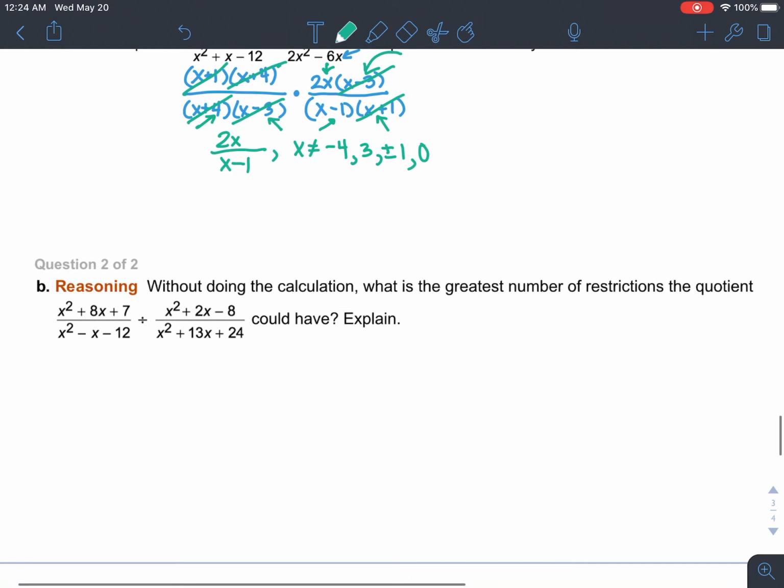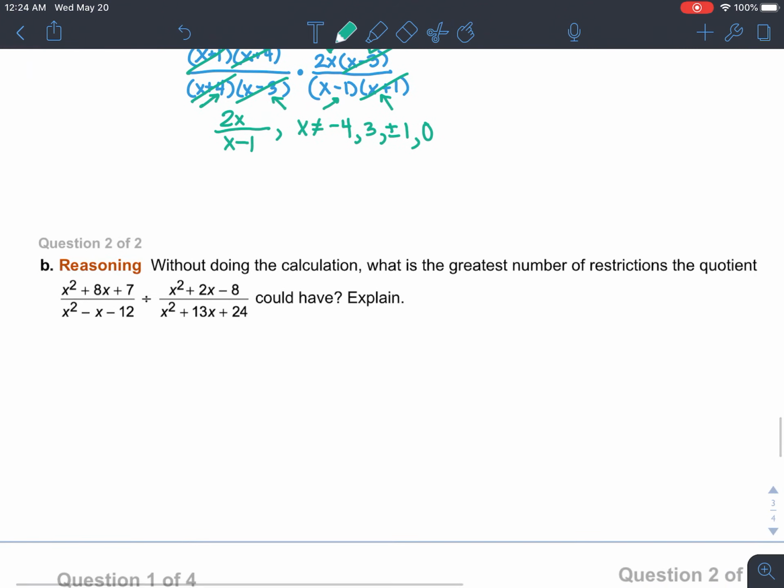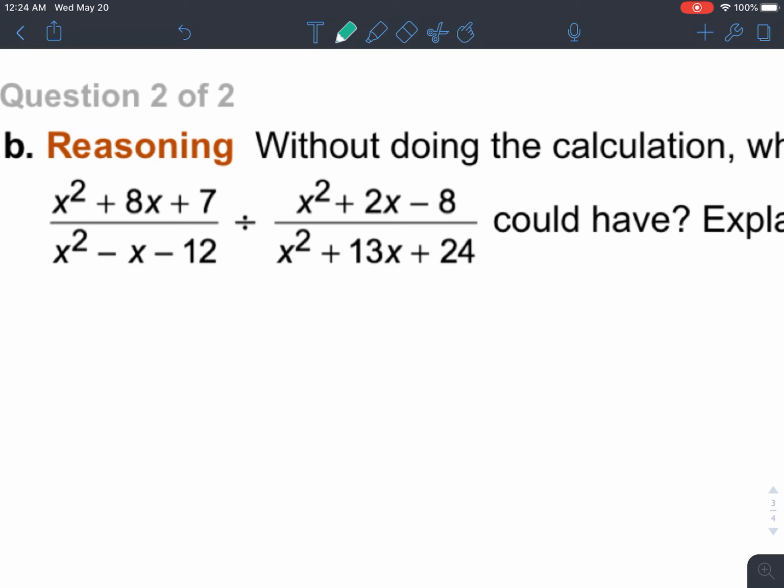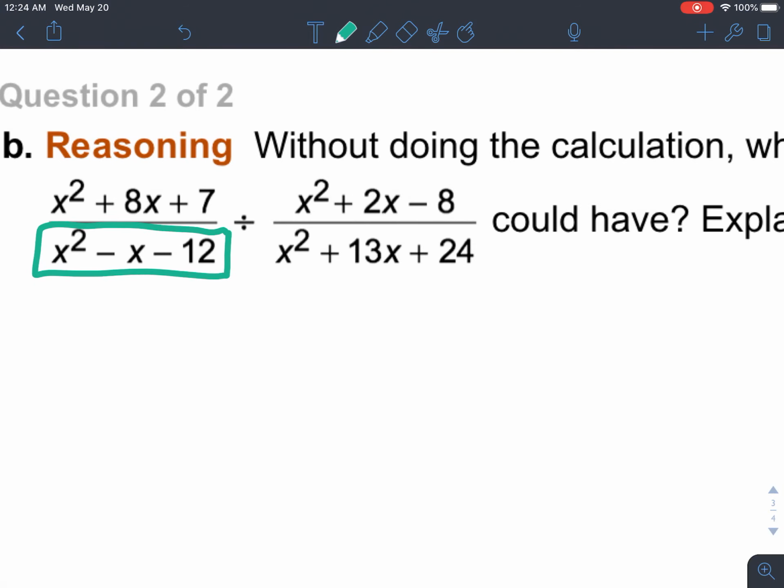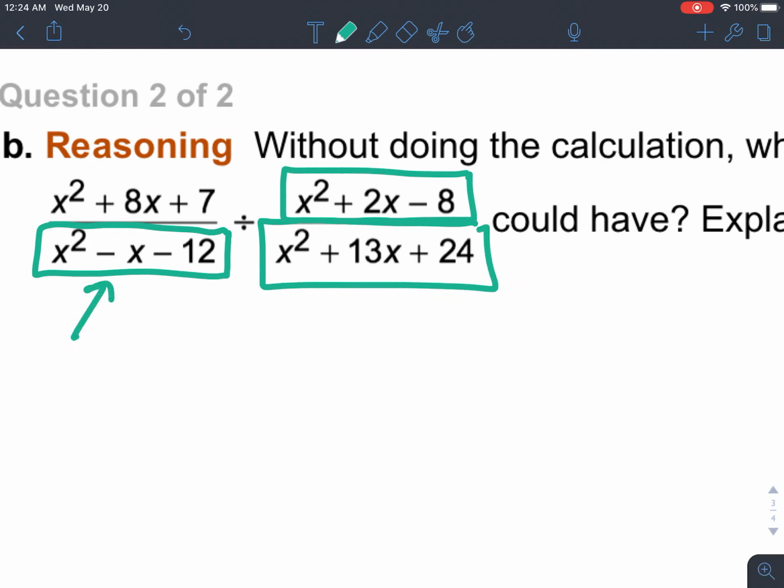Okay, let's look here. Without doing the calculation, what is the greatest number of restrictions the quotient could have? Explain. Okay, well, I need to look at this denominator, and I need to look at this entire fraction. So that could have two numbers that x can't be.